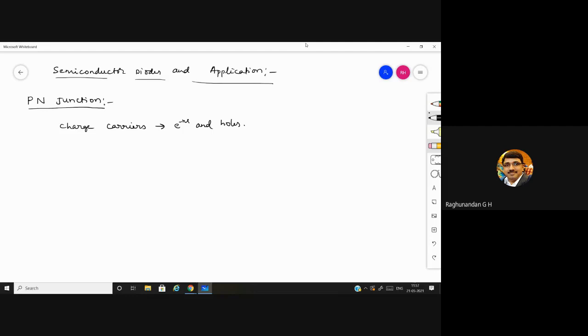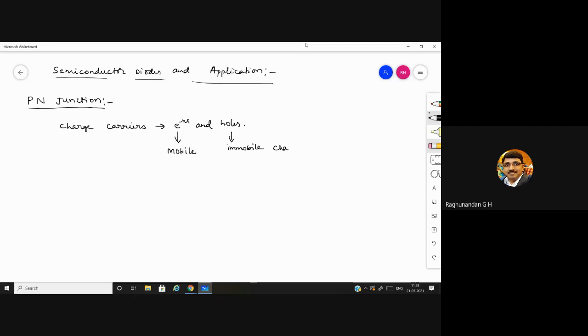And the next thing is, only the electrons are mobile charge carriers. When you take a semiconductor device, electrons are the only mobile charge carriers. That means they have movement. Holes are immobile charge carriers.